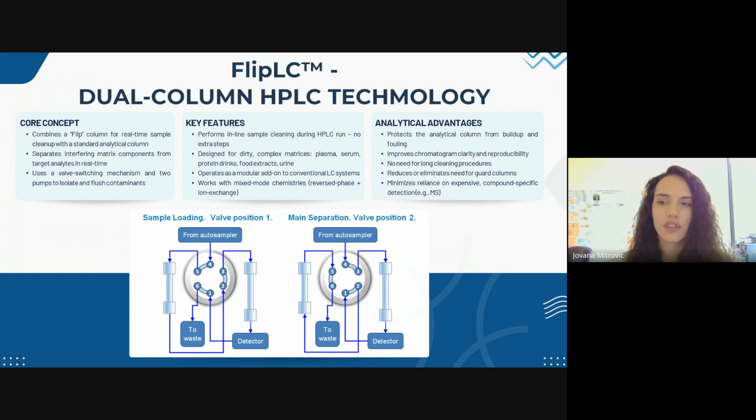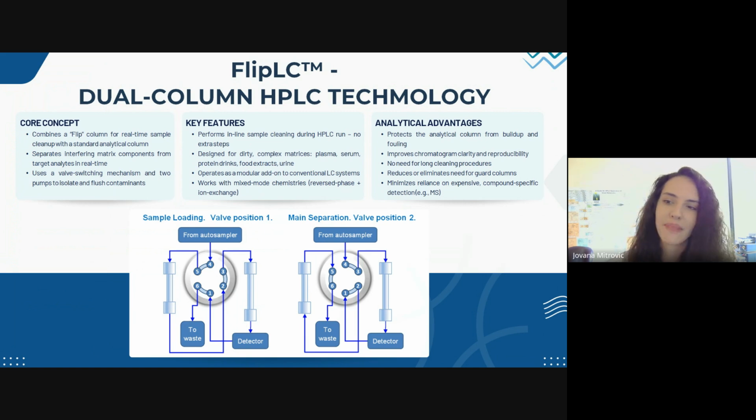We also face complex, interfering matrices, such as proteins, fats, pigments, and salts, all of which can foul the column, distort the signal, and reduce reproducibility. At the heart of HPLC is a very sophisticated valve system that precisely controls the flow path between two columns arranged in series.